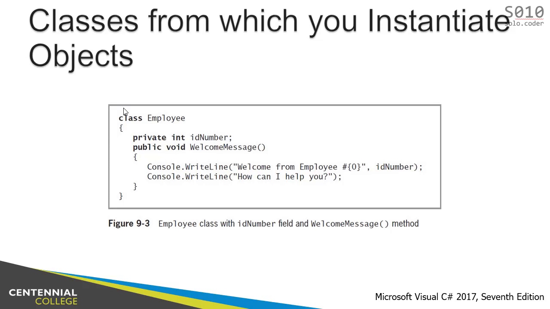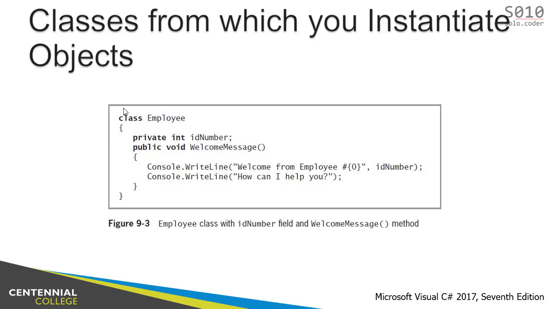Then again, we have a method. So we call them methods. Now, the combination of properties and methods, we call all of them together members. So we have two members of employee.